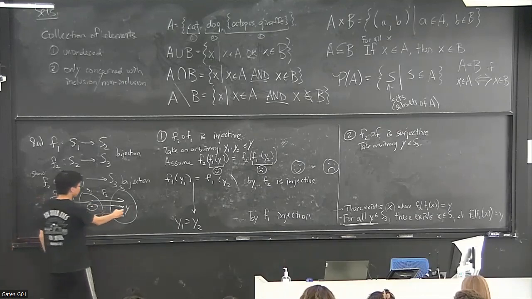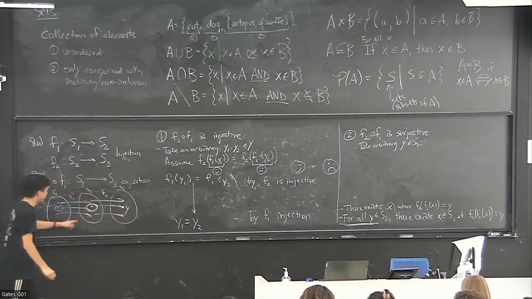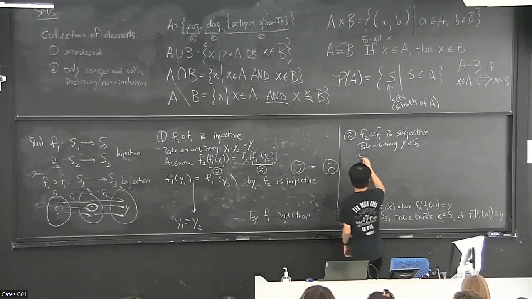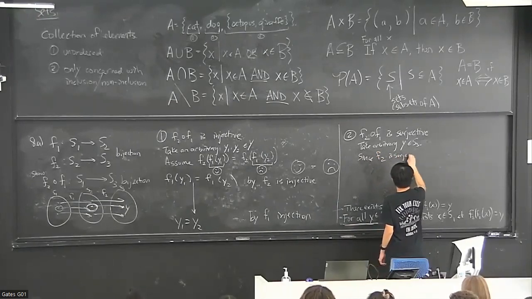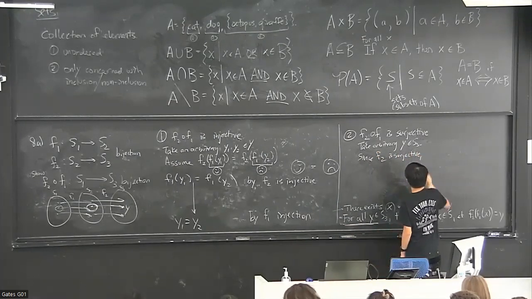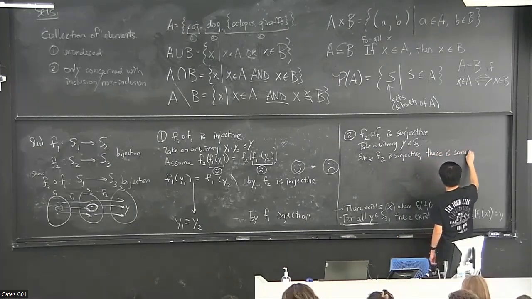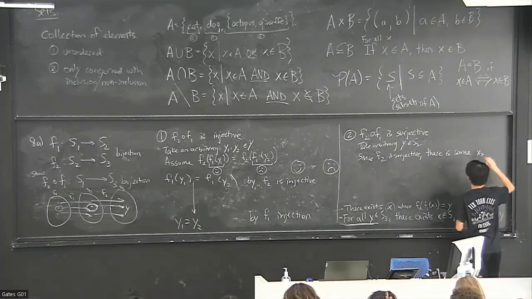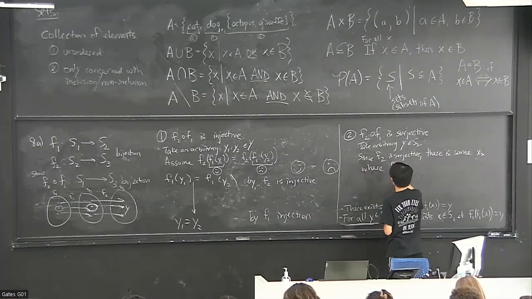Why do I know that if this is y, I can backtrack into S2? I know that because F2 is surjective. Since F2 is surjective, that means there is some x2 where F2 of x2 is y.